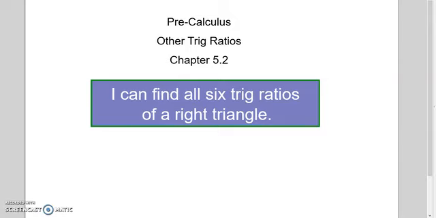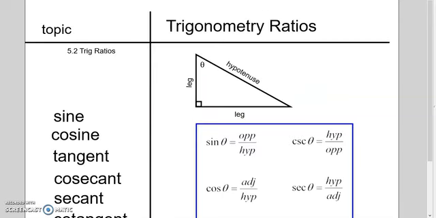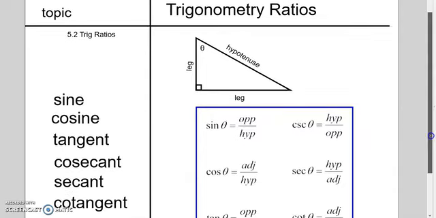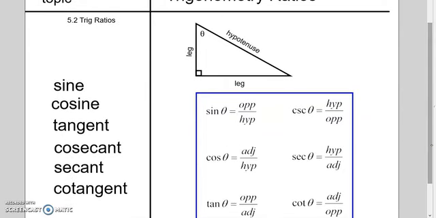Today we're looking at finding the 6 trig ratios of a right triangle. There actually used to be a lot more trig ratios. The terms and names come primarily from navigation in the 16th and 17th centuries.